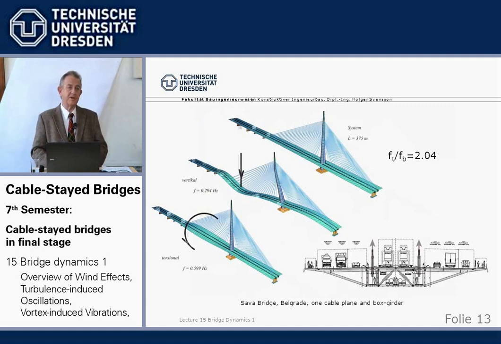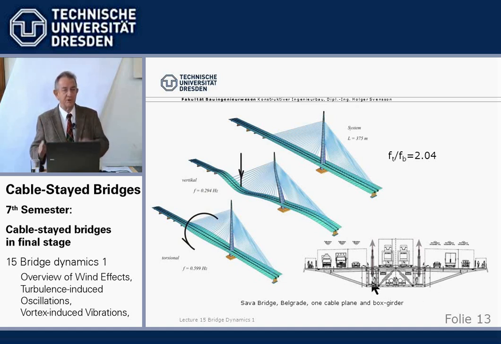Third possibility, if we have a center tower and one cable plane only, well, then the torsional stiffness and the torsional frequency as a consequence come from the torsional inertia of the beam.